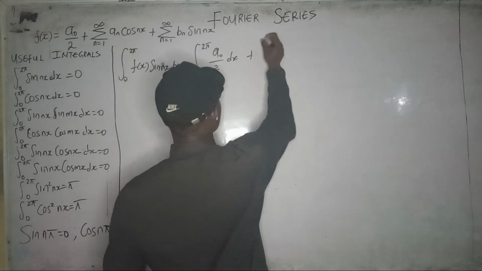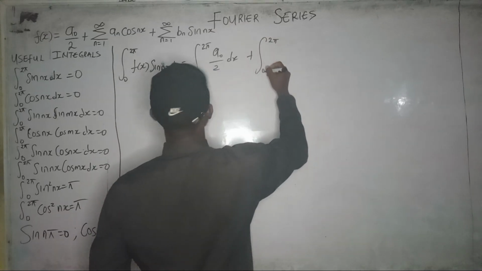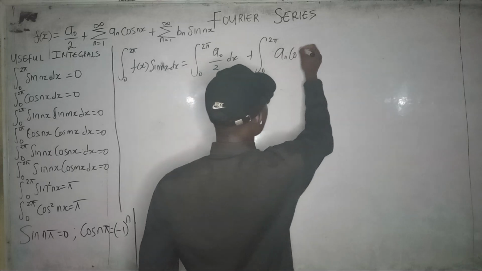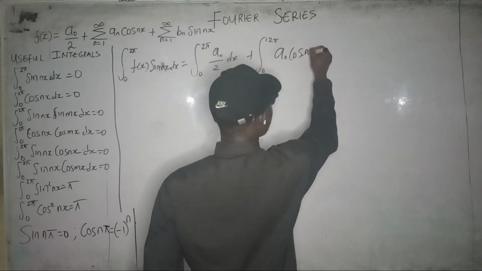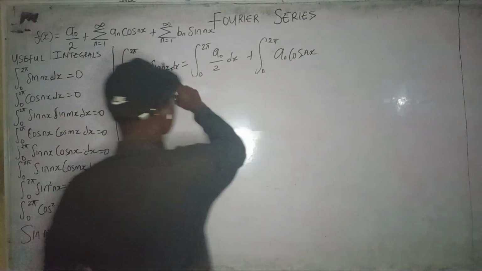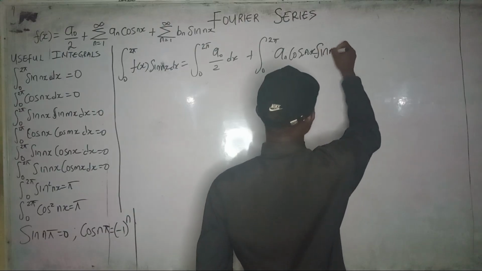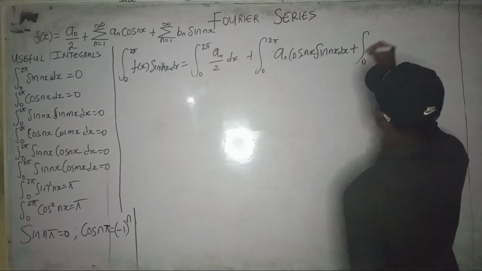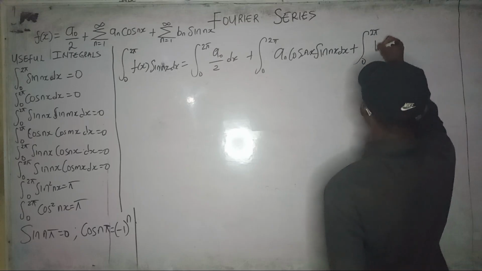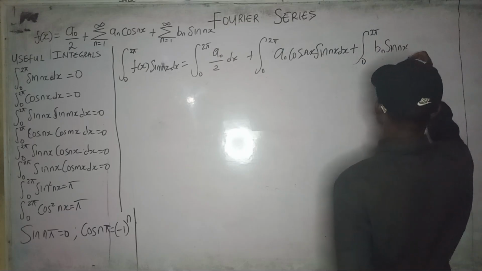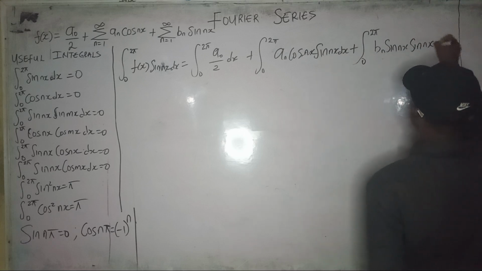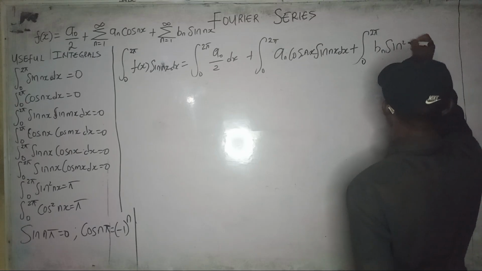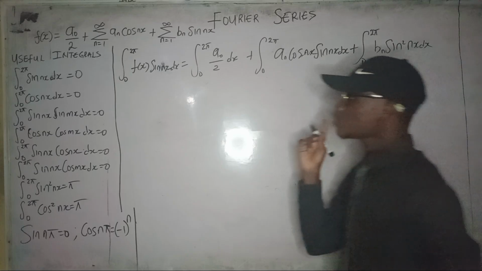We have plus the integral from 0 to 2 pi of bn sine nx, then the sine nx which we are adding, so sine nx and sine nx would be equal to sine square nx dx. So now we can continue from here.